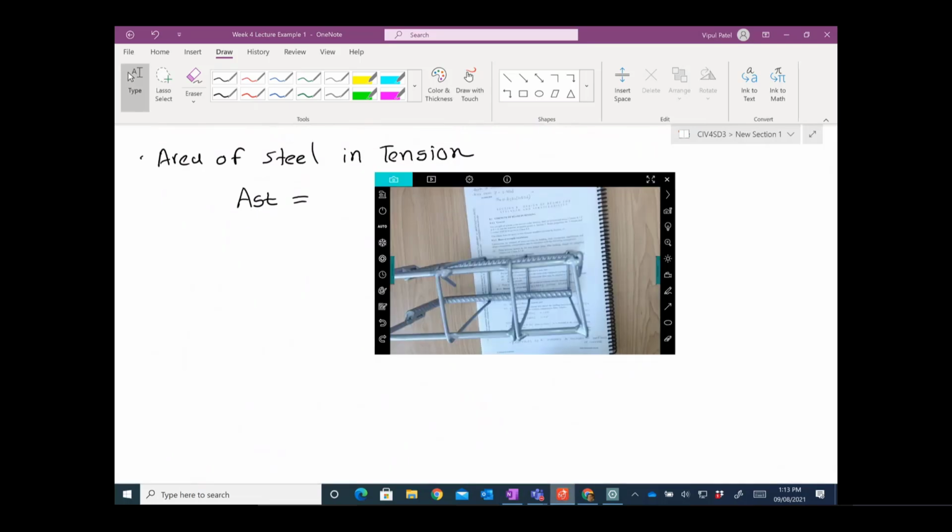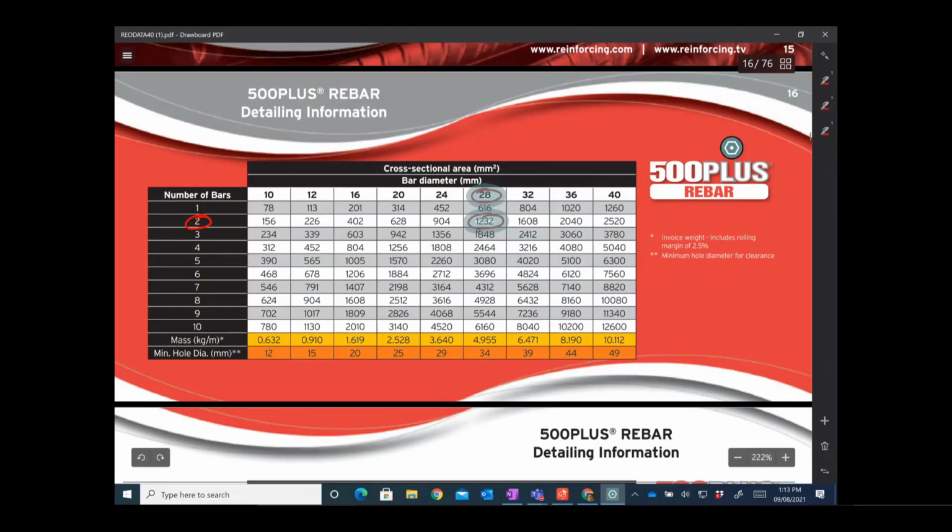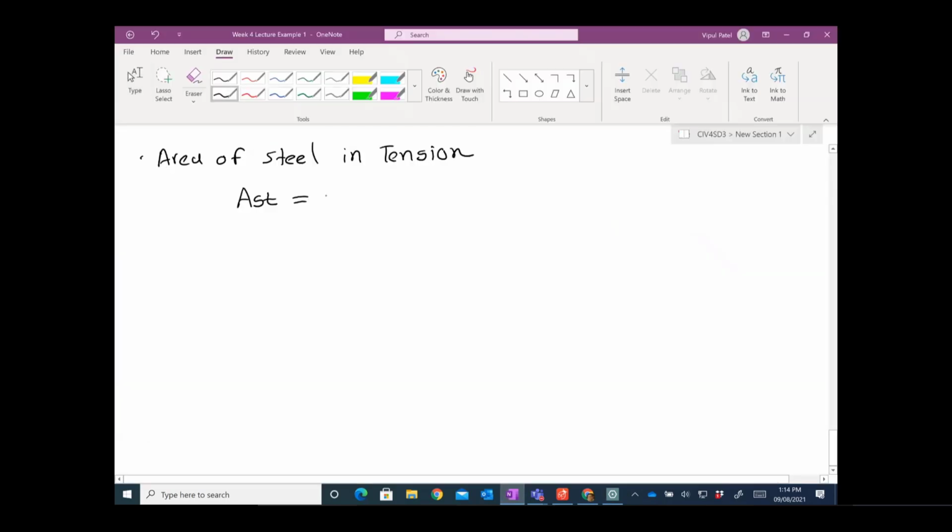So we can go back here. 8N24, and if I just cross it out here, they will meet here. So 3616 millimeter square, because we have 8, and by the way, N is the ductility class. Okay, Rio data table. Alright, so area of the steel is done, area of both steel is done.